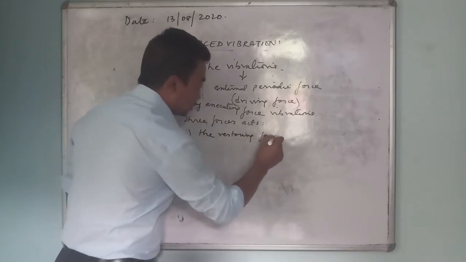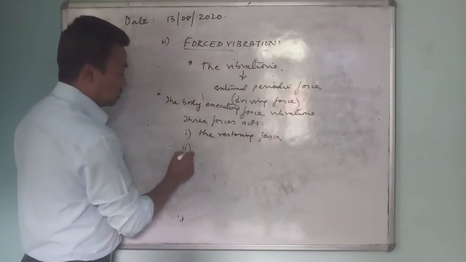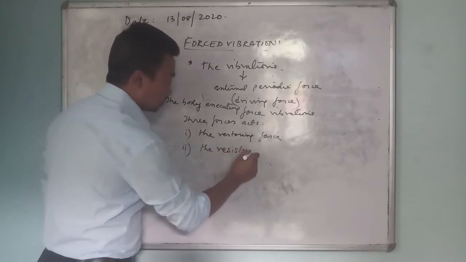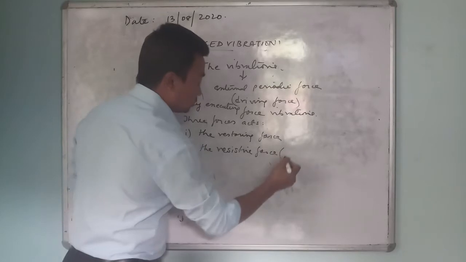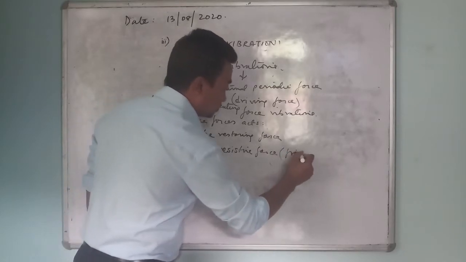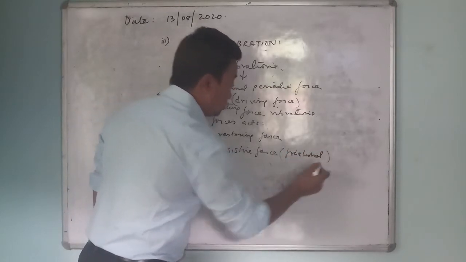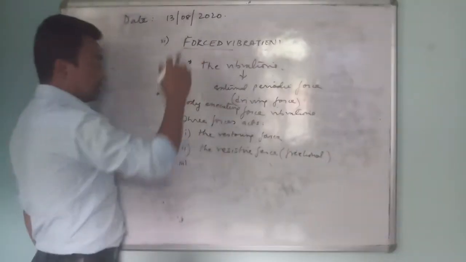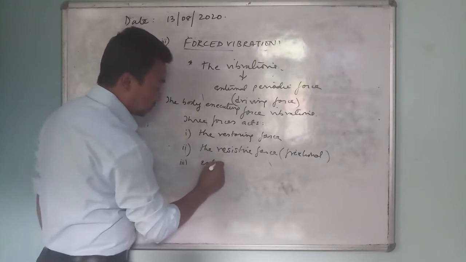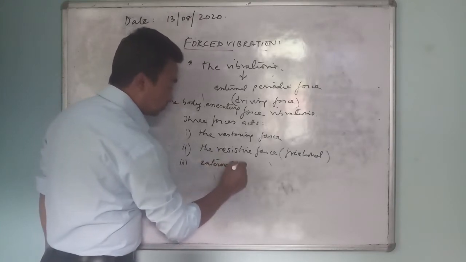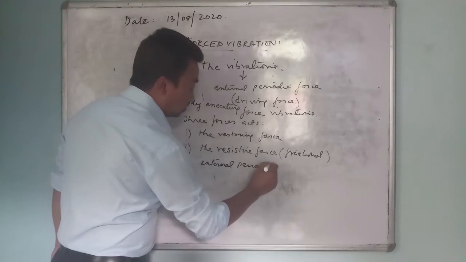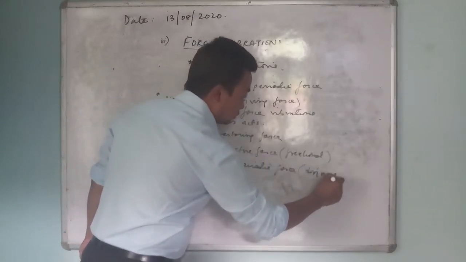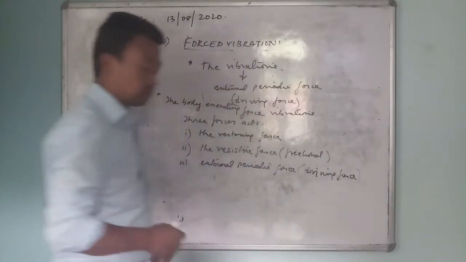Number two is the resistive force, which can also be termed the frictional force. This is due to the surroundings. And the third, which is added in this case, is the external periodic force, which is also known as the driving force.